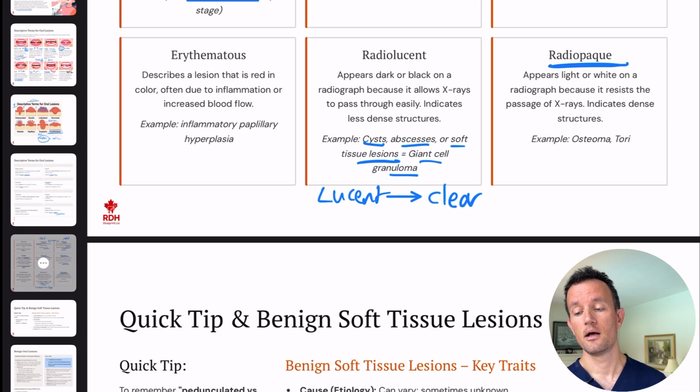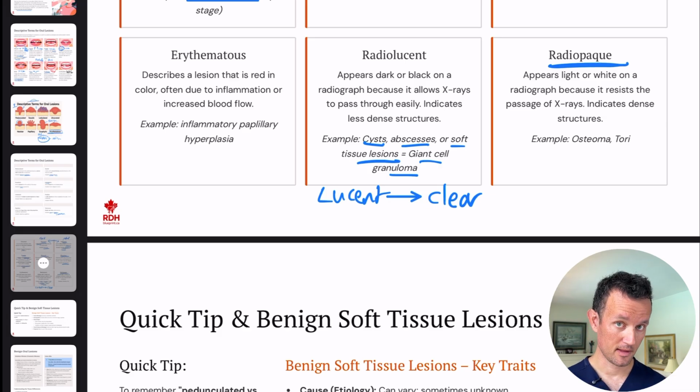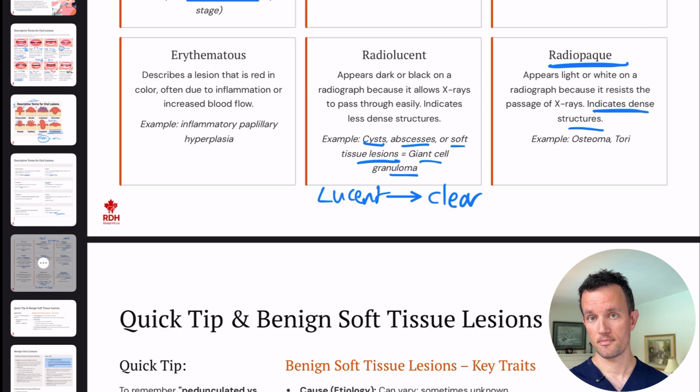Radio-opaque, that's going to look like you can't see through it, right? It's dense. It indicates a structure. So if we see a radio-opaque marking or lesion or finding on a radiograph, what is that likely to be? Is that going to be a cyst, an abscess, a giant cell granuloma? And you're thinking, what on earth are all those things?